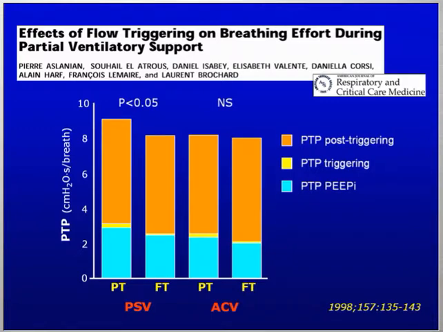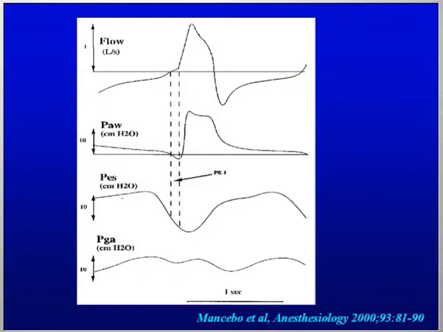So the triggering, from the ventilator standpoint, is certainly important, but it's not a big matter. The reason is that there is a huge amount of effort performed before the ventilator can detect any signal coming from the patient. This is well illustrated here, and it has been shown in many studies.